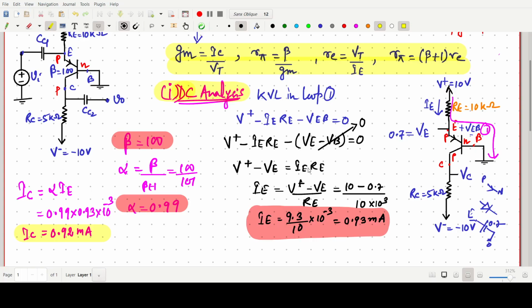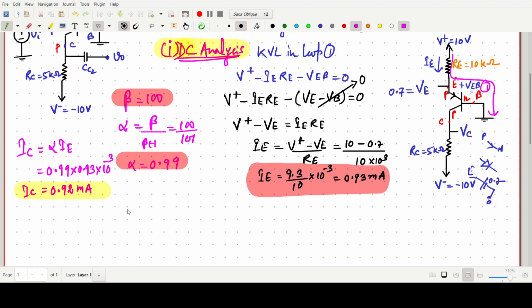So suppose for the collector voltage, I just want to show how to find it. Means first we are doing the DC analysis, collector voltage we have to find, that is our VC. This one is our VC.